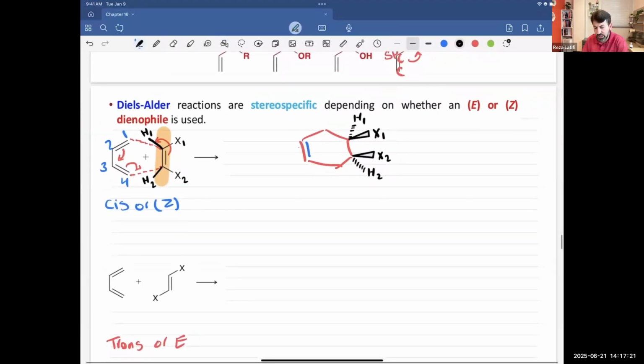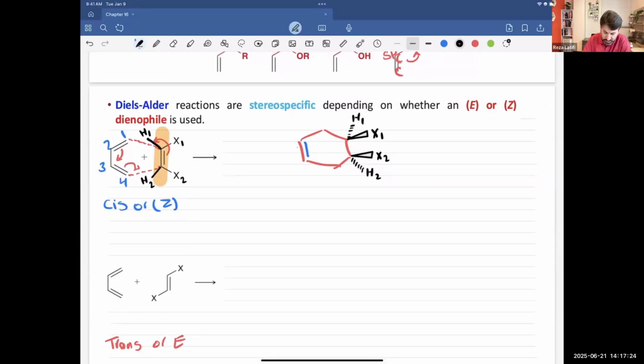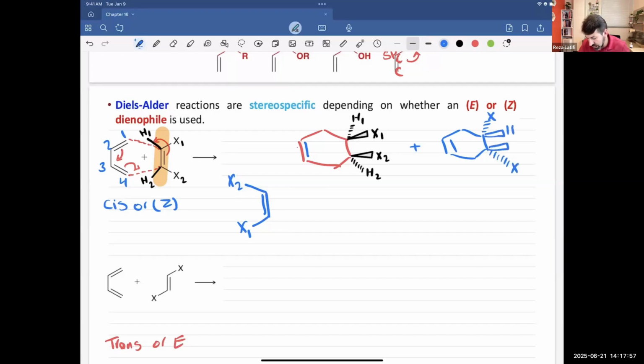In that case, if you take the molecule and simply rotate it, you will have the X1 and X2 on the left side, and if you track them with the diene, this time they will go down. So the next molecule will be the enantiomer of it, and you can show it this way. This time send the X's down, and the hydrogen atoms will be pointing up.